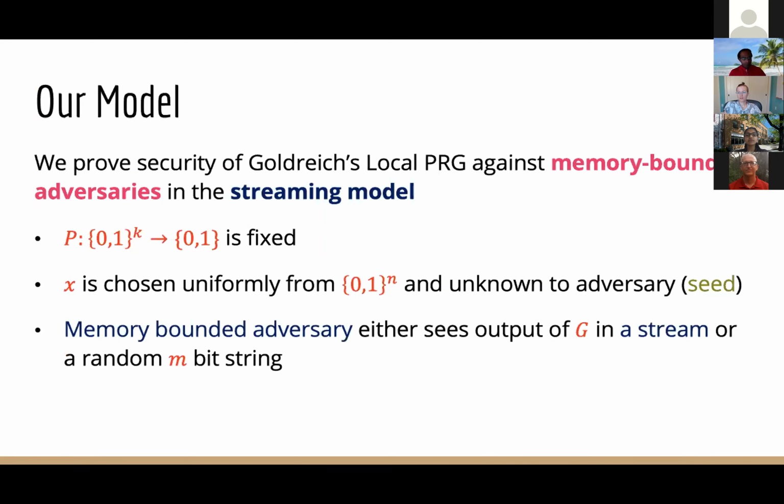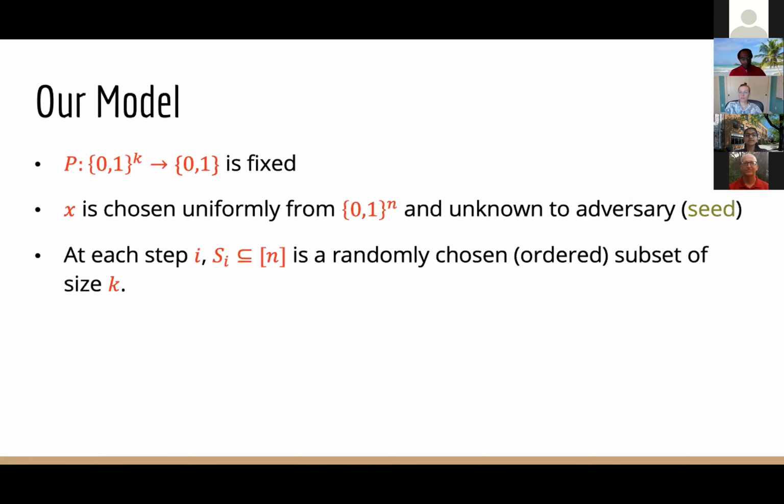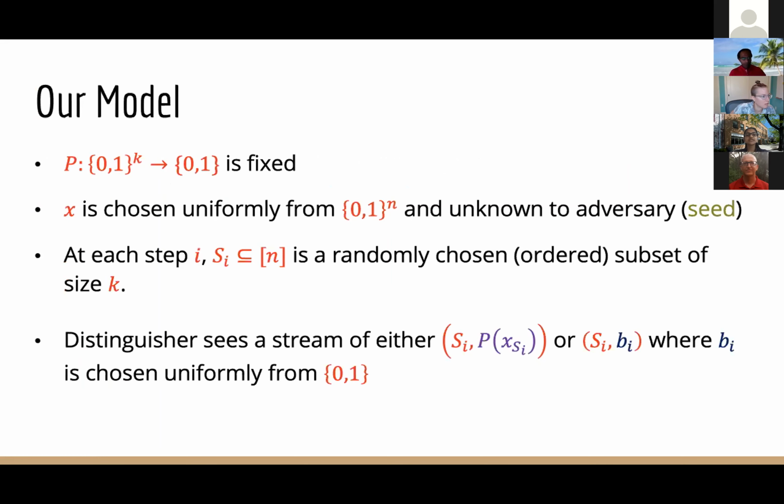And a memory bounded adversary either sees output of G in a stream or a random m-bit string. Let me elaborate on this a bit more. That is, at each step i, Si is a random k-sized subset of 1 to n, and a distinguisher either sees a stream of (Si, the output of P on the projection of X on Si), or (Si, Bi), where Bi is a uniform {0,1} bit.